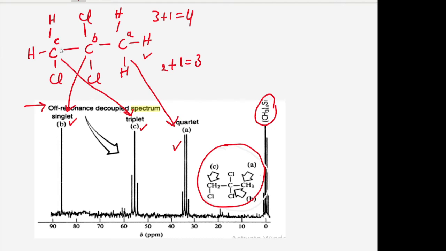If you are looking at carbon C, in the spectrum you can know how many protons are attached to the carbon. If there is an unknown molecule, you don't know about that molecule, so it is very beneficial to do an off resonance decoupled spectrum.